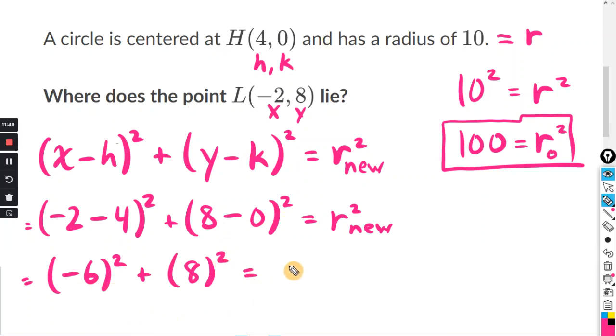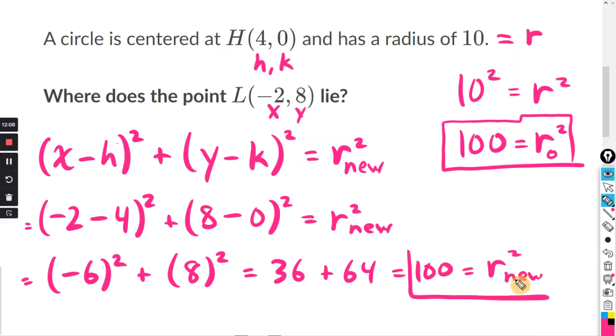-6 times -6 is 36. 8 times 8 is 64. 36 plus 64 equals 100. And that's going to be the new r squared. Okay, so 100 equals 100.